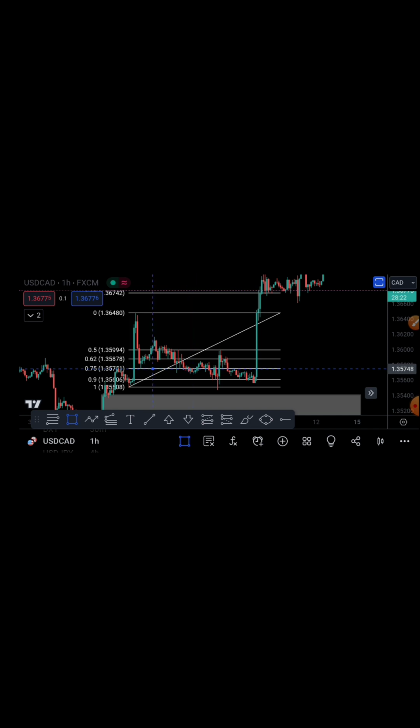This particular area, from 0.75 to 0.9, I love to see it come down to that level. Do you understand? So I have to highlight that level because that is the level I love to buy from.